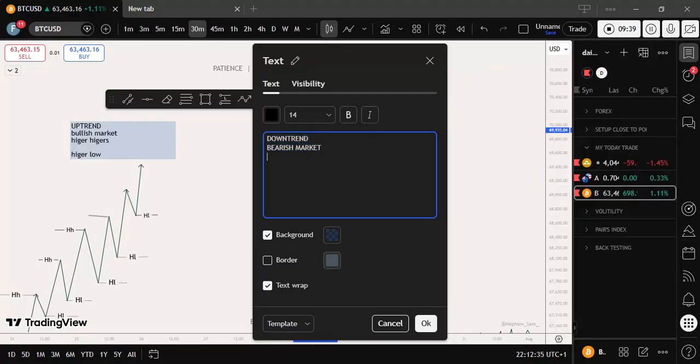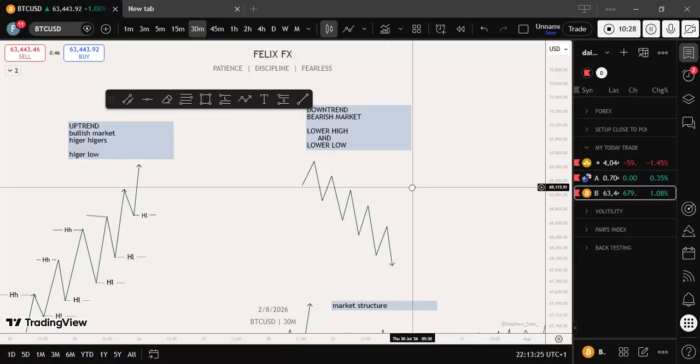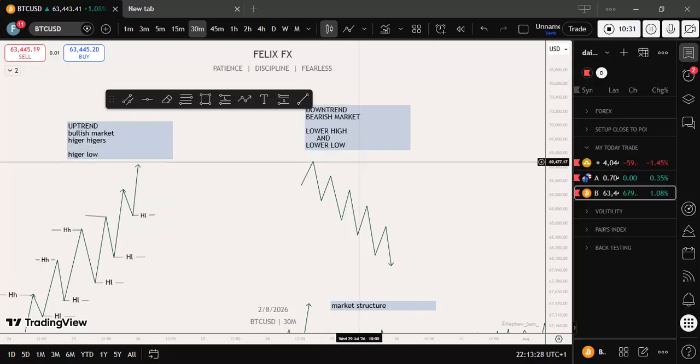So in your bearish market, you get what they call lower high and lower low.